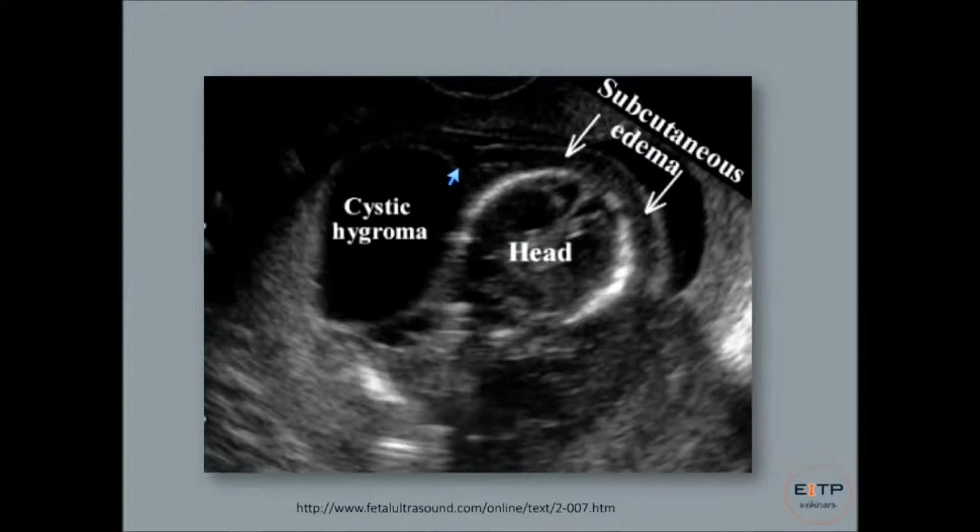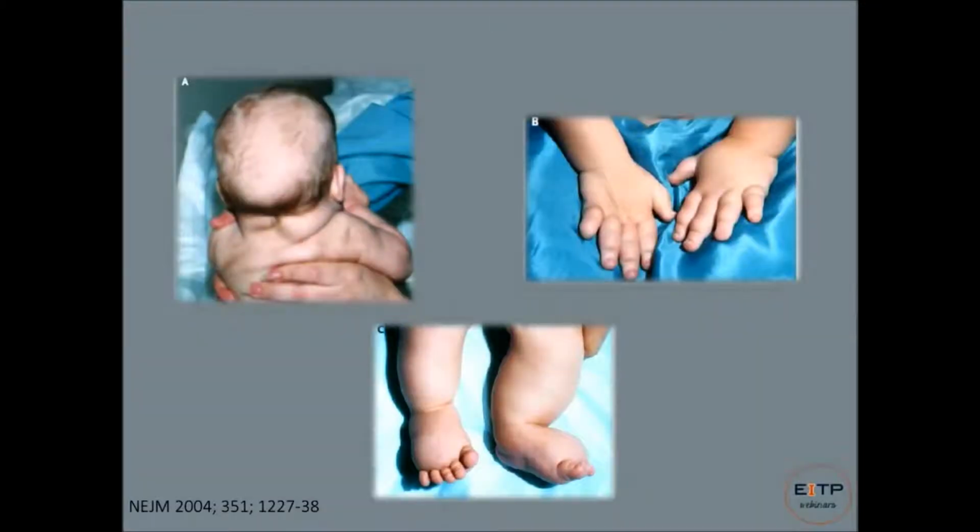You also see under the skin this large fluid-filled sac called a cystic hygroma, and the presence of a cystic hygroma is concerning for Turner syndrome. You can also see abnormalities on prenatal screening. Most pregnant women are offered what's called a quad screen or a triple screen, which looks for chromosomal abnormalities, and you can find abnormalities on that screening test that can lead to a diagnosis of Turner syndrome.